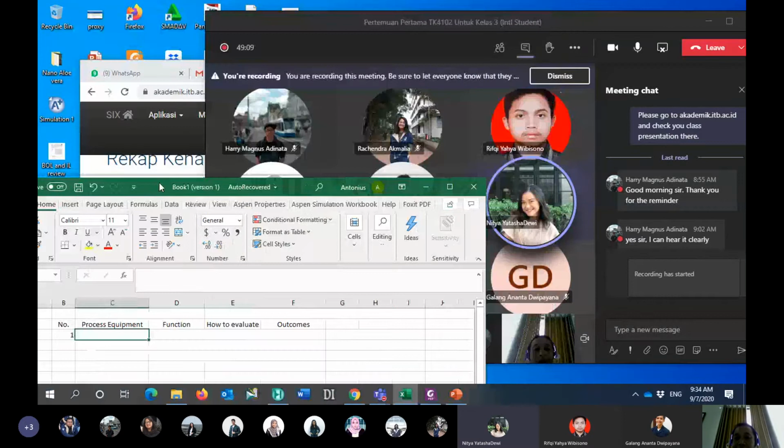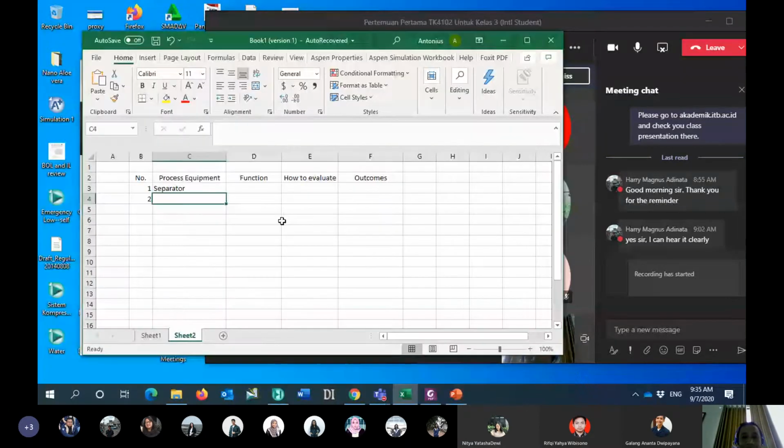Pardon? Separator. Okay. What others? Anybody else? Reactor, sir. Oh, reactor. Okay. Any others? The most simple one.